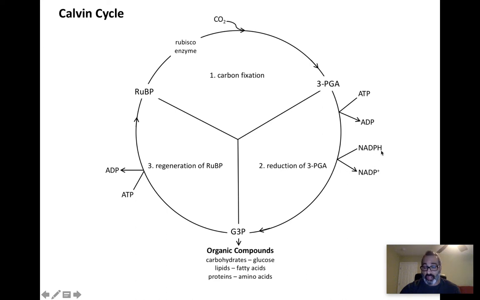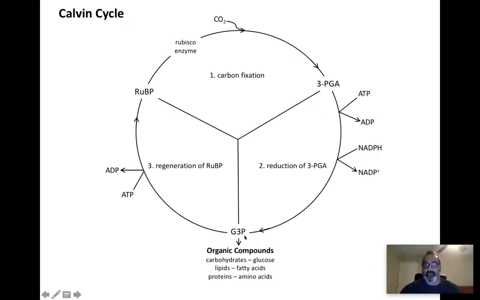NADPH gets oxidized. It loses its hydrogens and becomes NADP+. NADPH is oxidized, 3-PGA is reduced, forming G3P, the main compound of the Calvin cycle. G3P gets turned into glucose, sugar, fatty acids, amino acids, any organic compounds that it needs to produce.